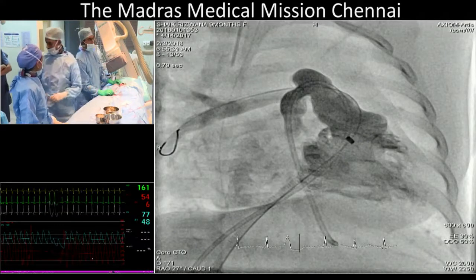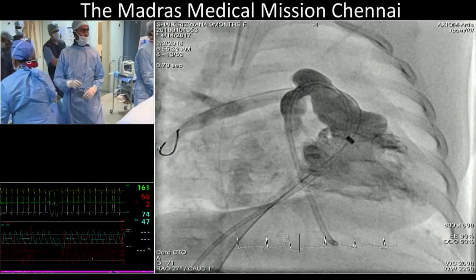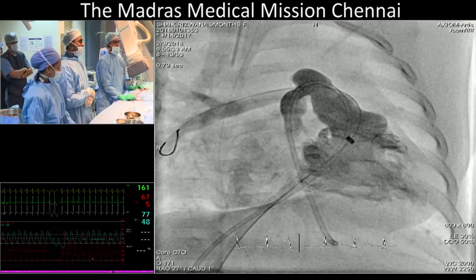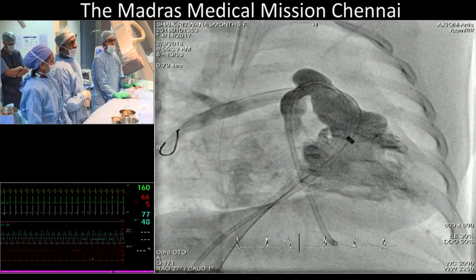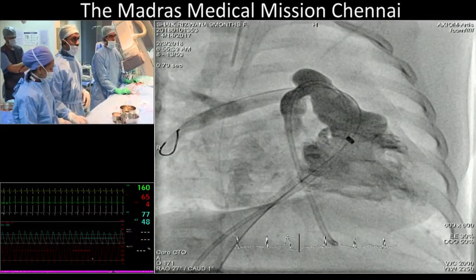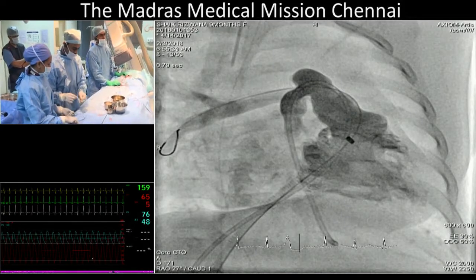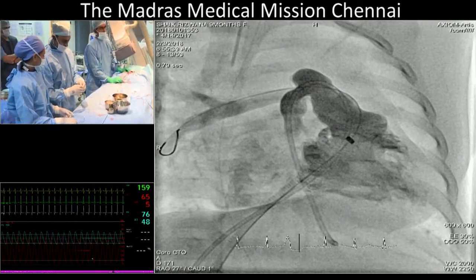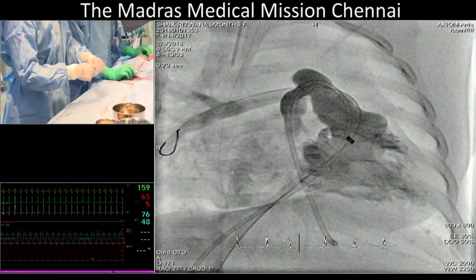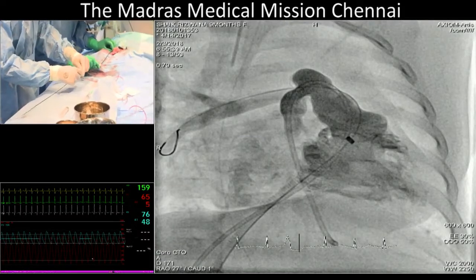And also your RV pressure is subsystemic as opposed to what it was before. What you are seeing live are the pressures: 66 on the right ventricle and 77 on the aorta. So I would leave the RPA and then focus on the LPA.